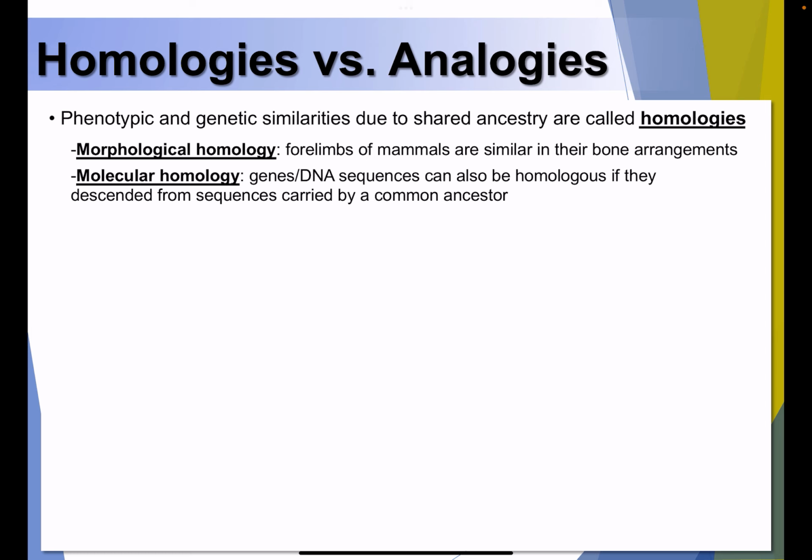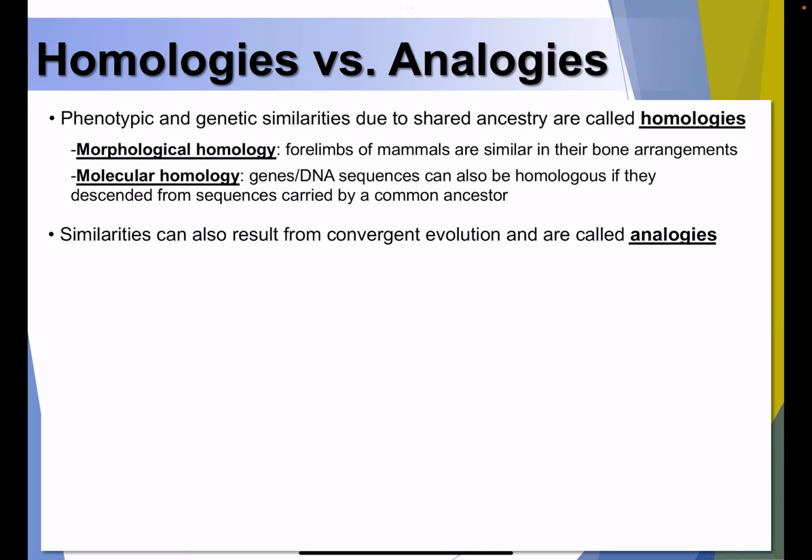In a previous chapter, we compared the forelimbs of mammals, such as bats, humans, and dolphins, which are similar in their bone arrangements. And then we have molecular homology, which is about similarities in genes or DNA sequences. They should be similar in sequence if they have descended from a common ancestor.